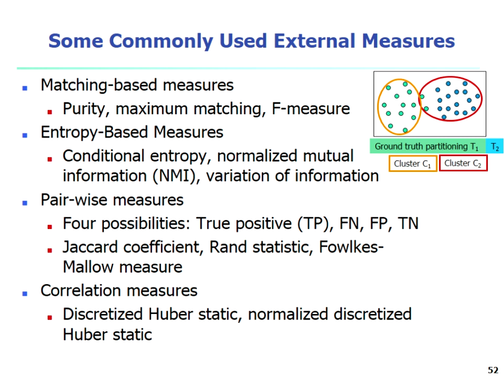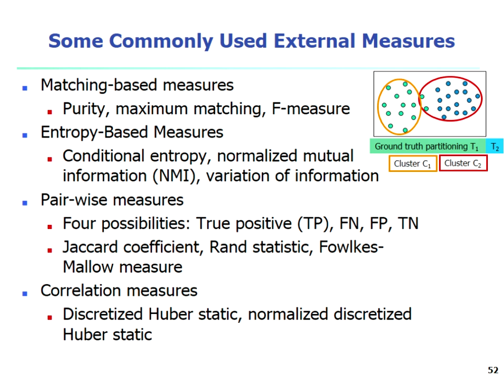So in this slide, we discussed together some commonly used external measures. The first one is matching-based measures. We can find purity, maximum matching, F measure. The entropy-based measures: conditional entropy, normalized mutual information, variation of information.